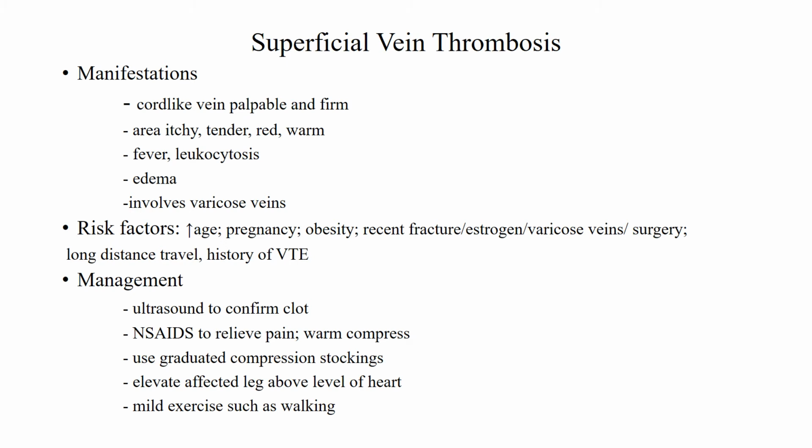Manifestations of superficial vein thrombosis include a cord-like vein that's palpable and firm. The area involved is itchy, tender, red, warm. Patient may have fever, leukocytosis, or increased white blood cell count. There's edema in the involved area, and usually it involves the varicose veins.